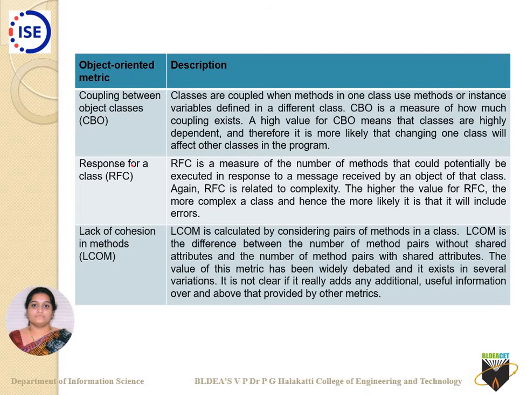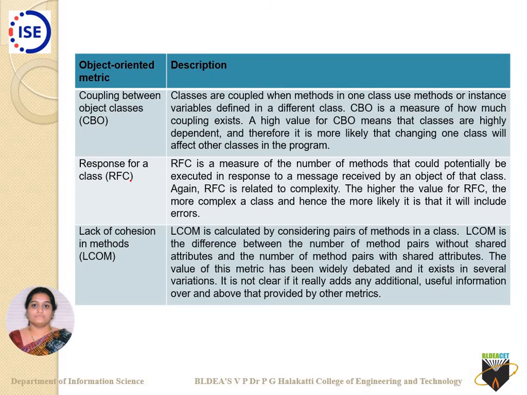Just now I said that classes are connected with one another, so the coupling can be high or low. Coupling between object classes arises when one method in one class uses methods or instance variables defined in a different class.